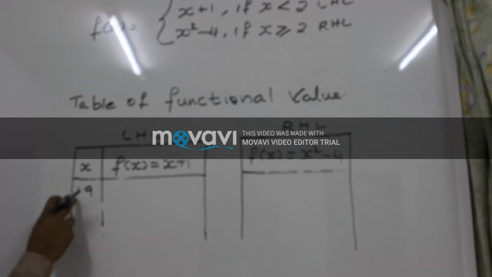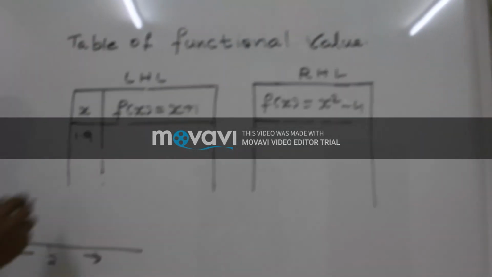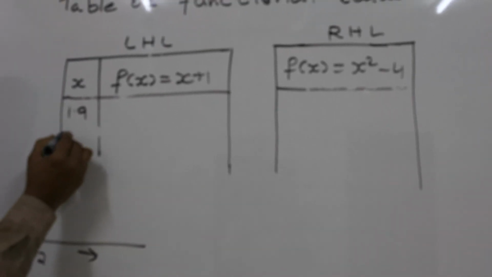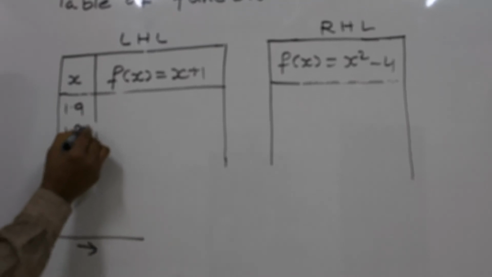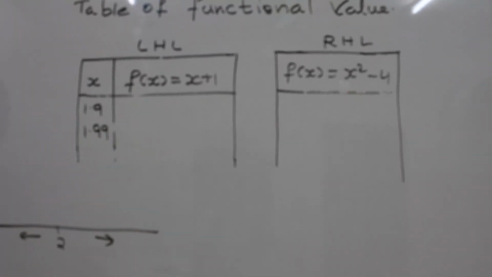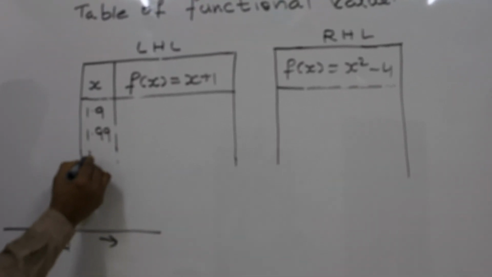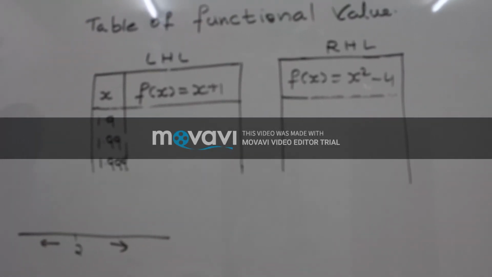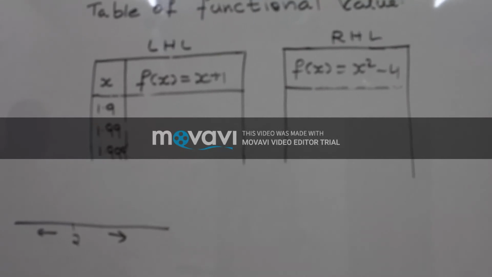So I have considered 1.9, and the next iteration points are 1.99 and 1.999, which are very close to 2 and less than 2.